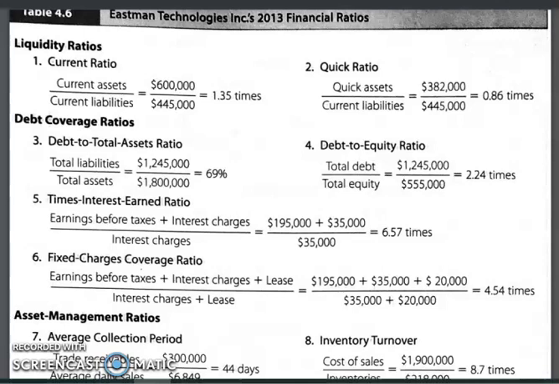So that could signal that the company may be in distress over cash. They need more cash in order to easily cover their current liabilities. Again, you can read up on this on page 136 and 137. They say that for a quick ratio, a 1-to-1 ratio is acceptable.